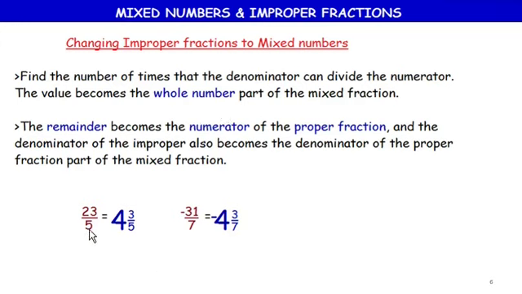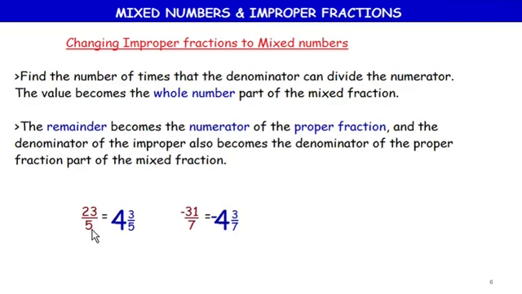So we are basically going to divide the numerator by the denominator. We ask ourselves, how many times will 5 go into 23? How many times will 5 divide 23? That number becomes the whole number part.